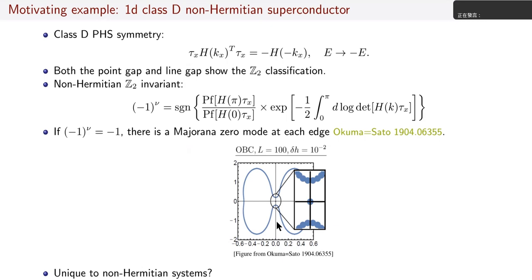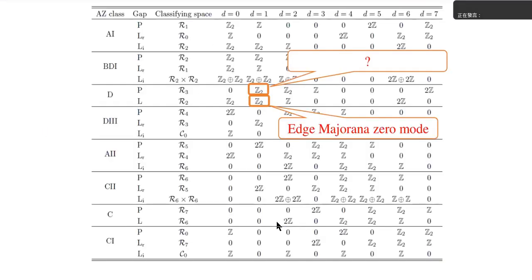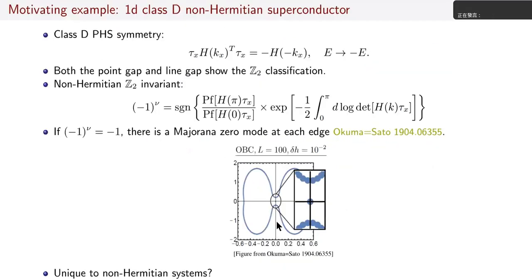Actually, we find that the non-Hermitian Z2 classification is characterized by this kind of non-Hermitian Z2 invariant, and we find that this invariant corresponds to the existence of a Majorana zero mode. So then the question is whether this is unique to non-Hermitian systems or not.